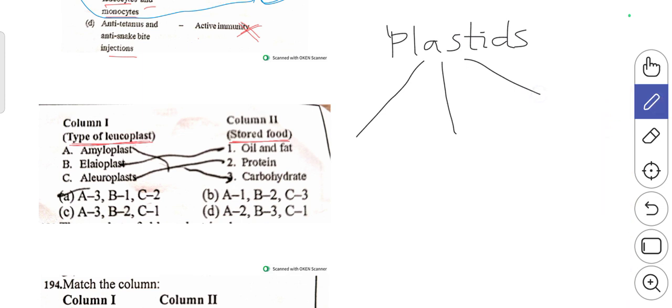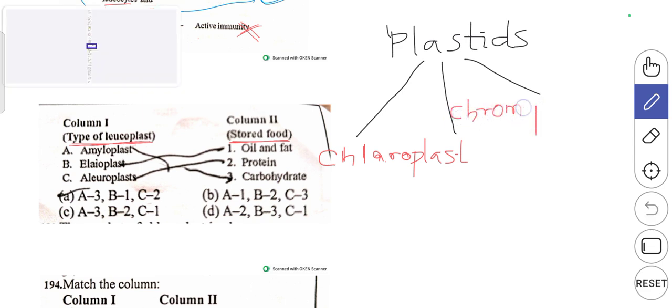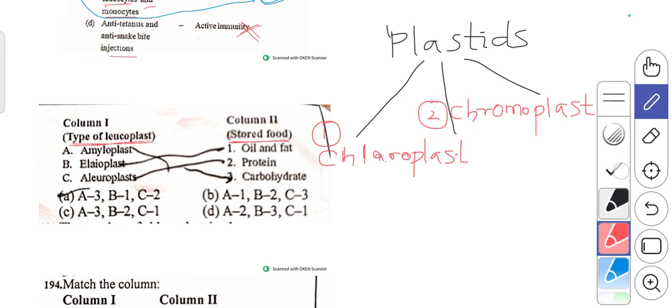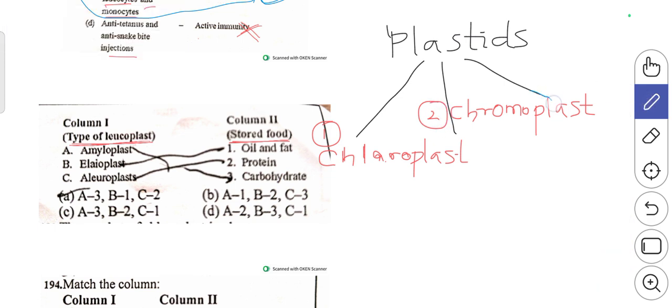The first one is chloroplast. The second one is chromoplast. The third one is leucoplast.